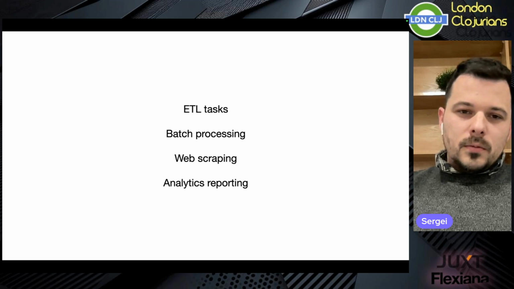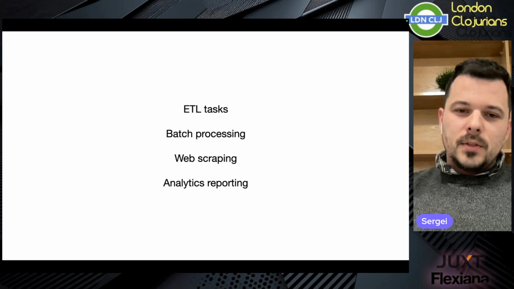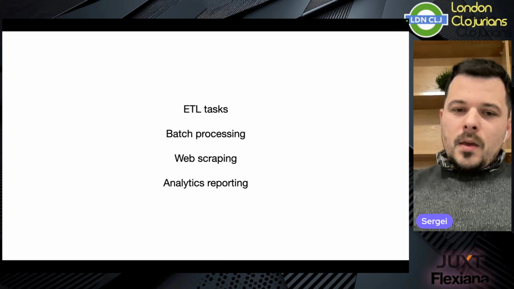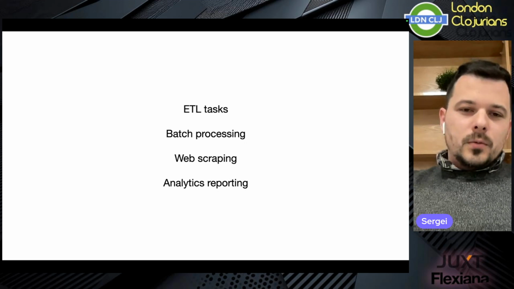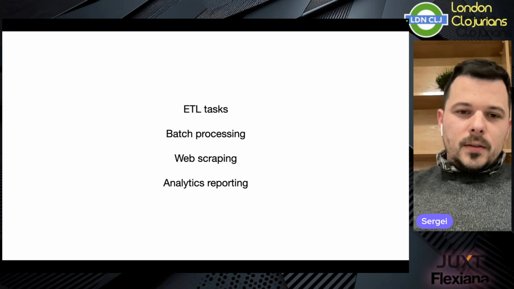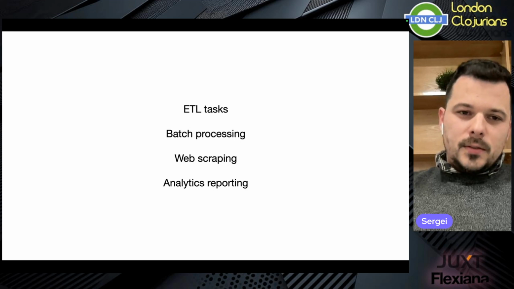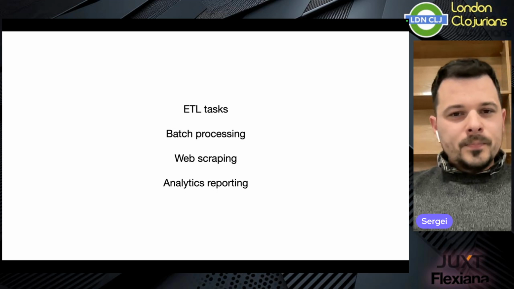Batch processing, scraping web pages or getting data from APIs, and analytics reporting. Whenever you have these jobs, Colette can provide a set of utilities that you can use to get your job done faster and simpler.